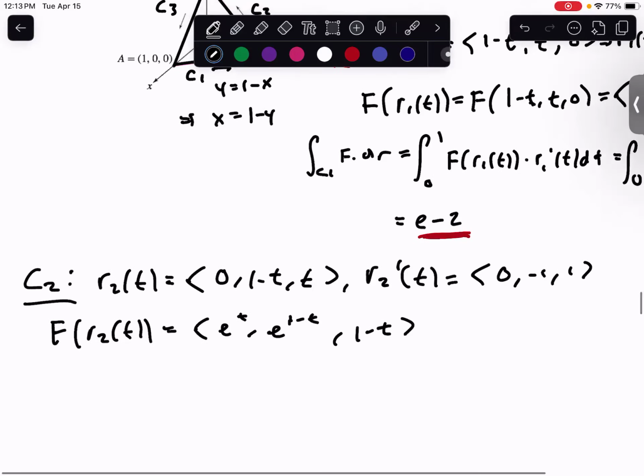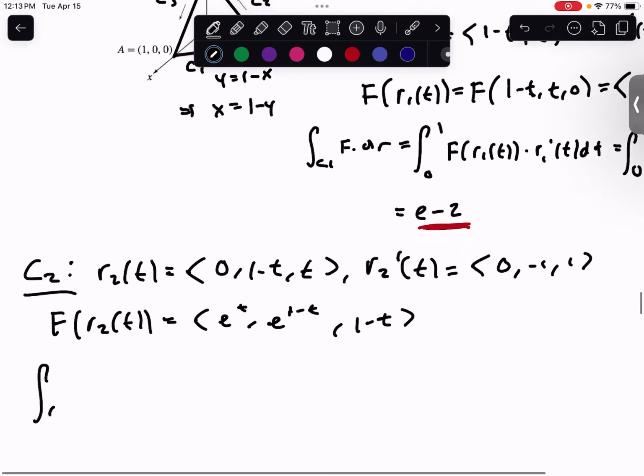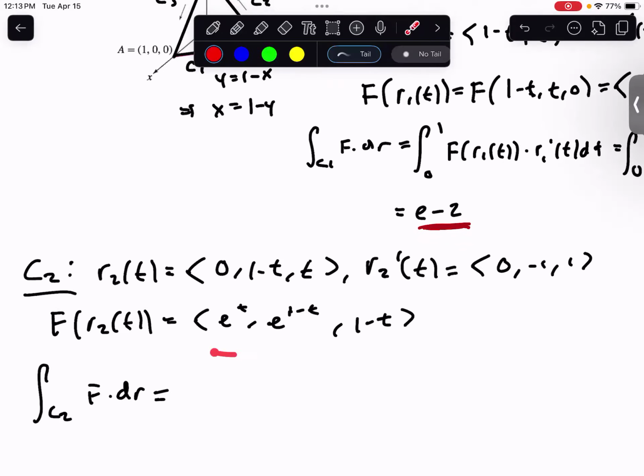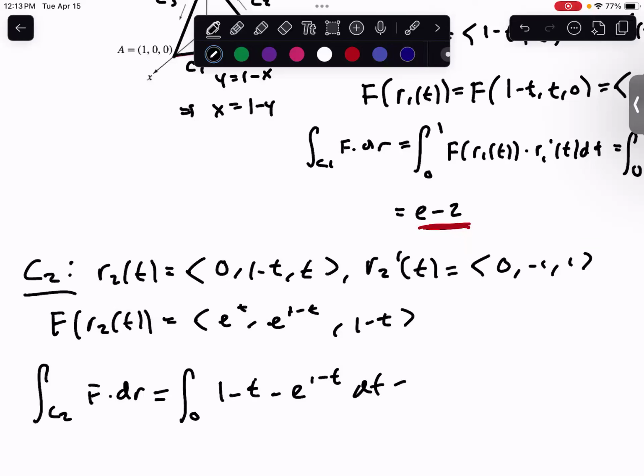And so if you compute this integral over C2 of f dot dr, if you do the dot product of these two vectors, you're going to get 1 minus t, and then minus e to the 1 minus t. So this will be equal to the integral from 0 to 1 of 1 minus t minus e to the 1 minus t dt. And this ends up being equal to 3 over 2 minus e.